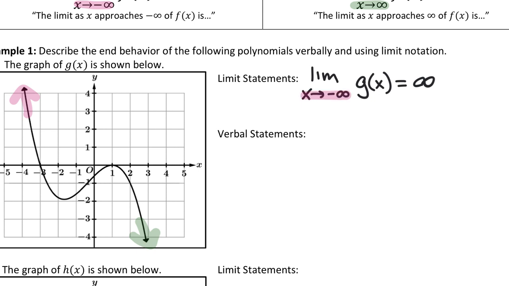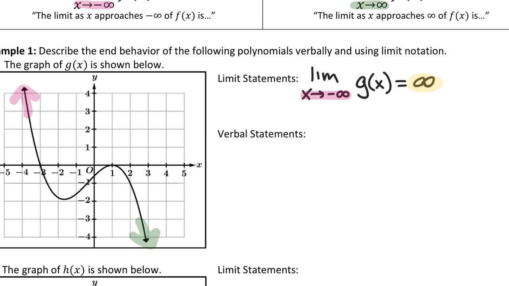Again, x approaching negative infinity tells me I'm looking at the left side of the graph, and the infinity sign is telling me that the graph is going up on that side, because that arrow is going up, and those output values would continue to go up if we walked backwards to the left on this graph.